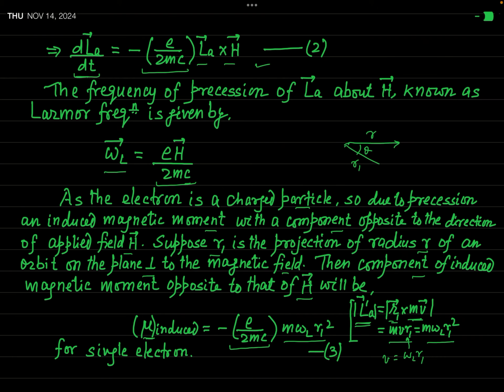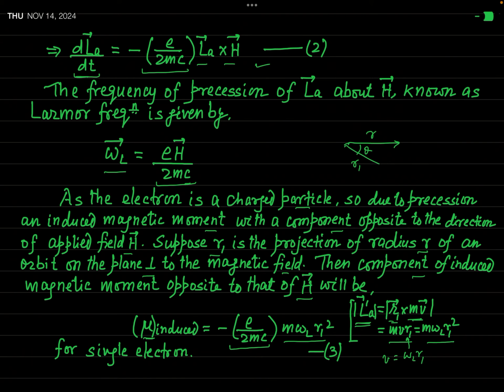But now if you consider that an atom consists of Z electronic orbits lying in all possible directions in space, and you want to find the total induced magnetic dipole moment, then how can you find it?